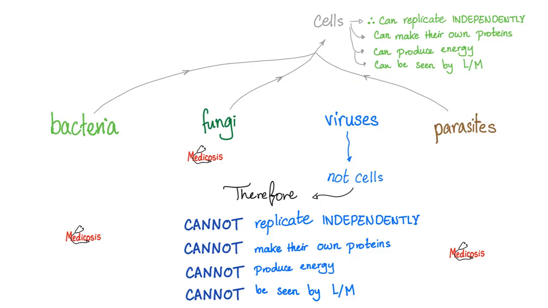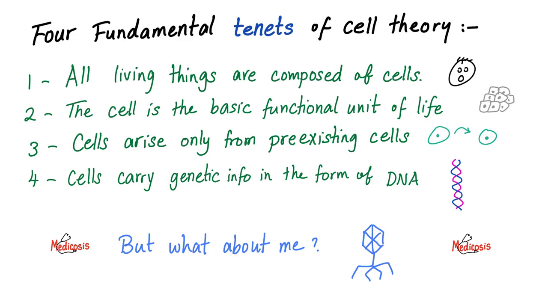However, viruses cannot replicate independently. Viruses cannot make their own proteins on their own. Viruses cannot produce energy, and viruses cannot be seen by a light microscope. Which means viruses do not check and live up to the 4 fundamental tenets of cell theory. What are the 4 fundamental tenets of cell theory?